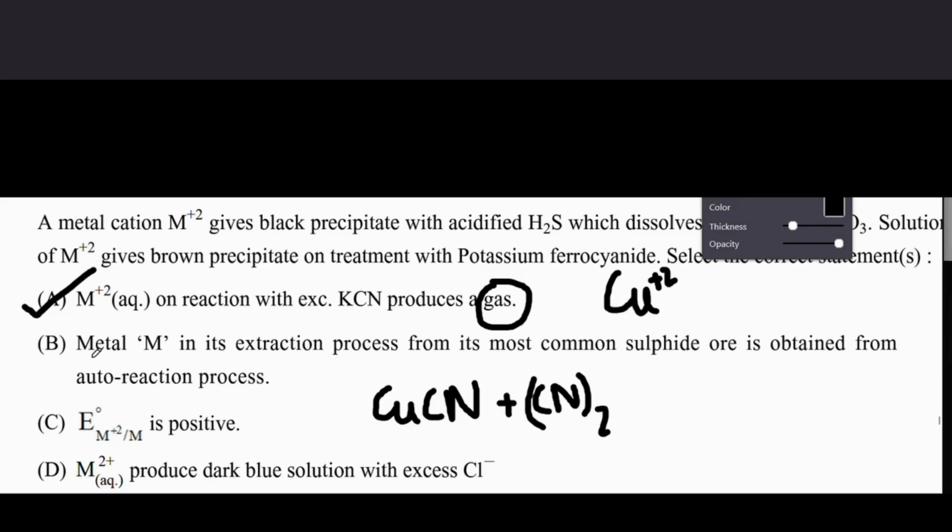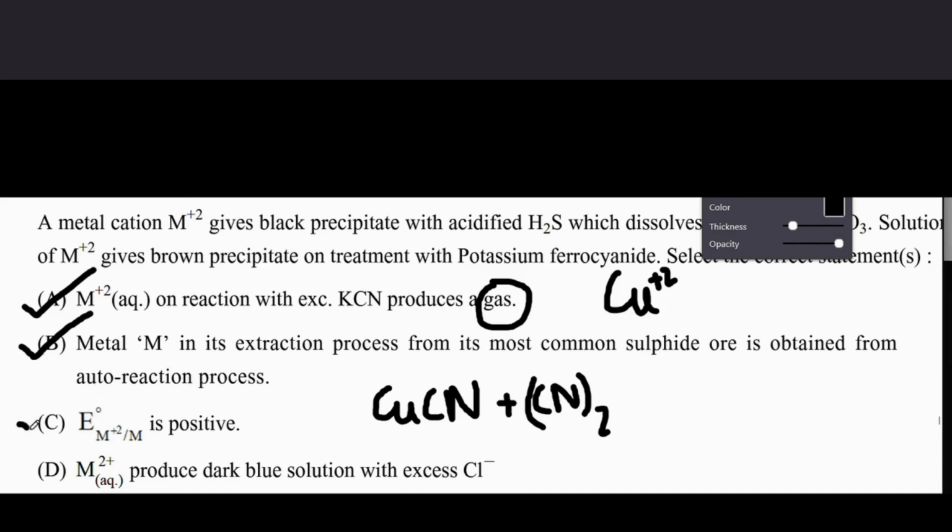Now, the auto-reduction process is also known as the self-reduction process, which most of you who would have studied metallurgy would have heard, and it indeed does undergo self-reduction, where Cu2O formed during the roasting is further reduced by the Cu2S present within the same mixture, and therefore self-reduction or auto-reduction is applicable for metal M, which is copper.